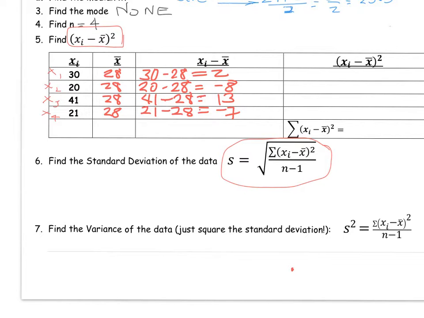Now we go to this far right column, and the difference we just calculated, we're going to square it. So 2 squared is 4.